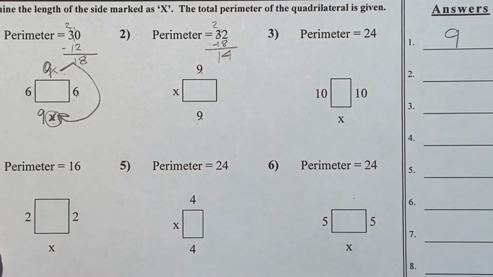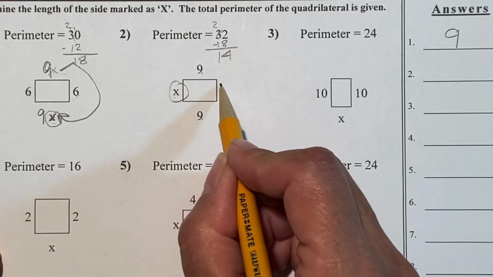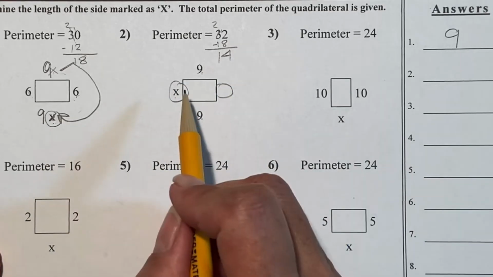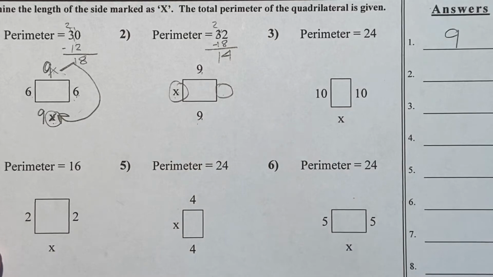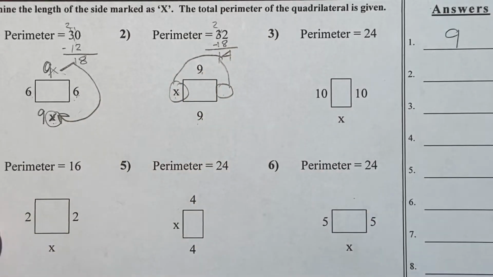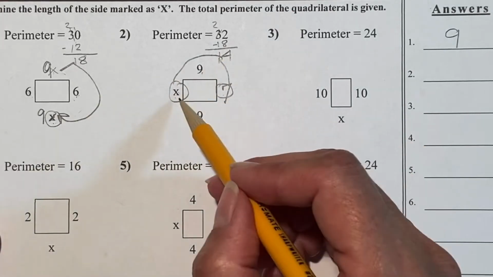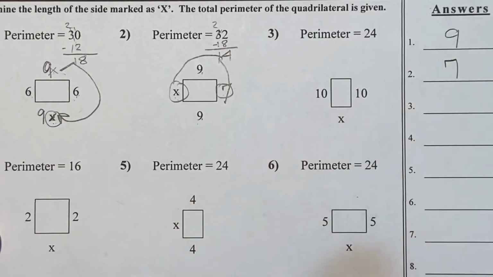My answer is 14. 14 does not go on the x. 14 is the total of this one and this one. We know that they both have to be the same. So that means we have to do half of the 14 here and half of the 14 here, giving me a 7, because 14 divided by 2 equals 7.